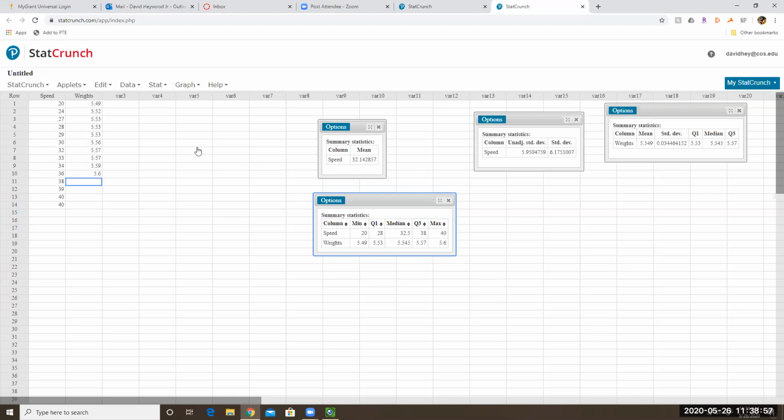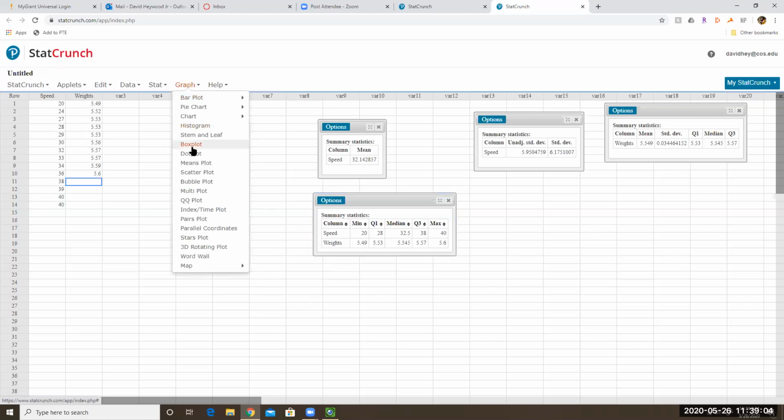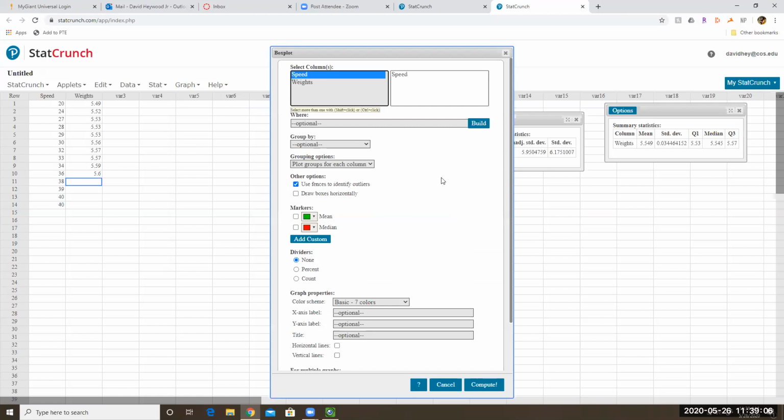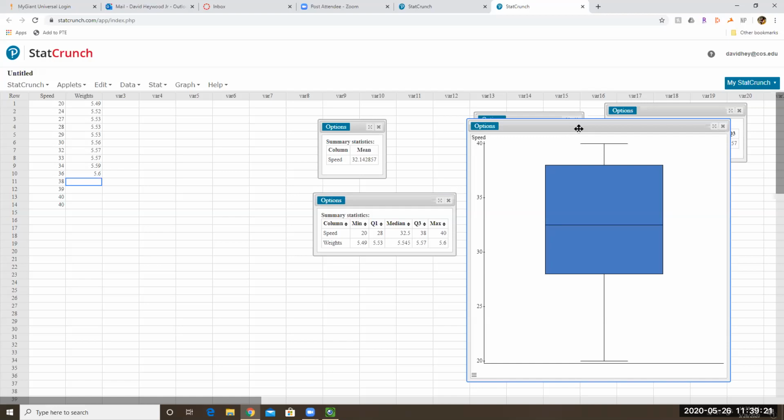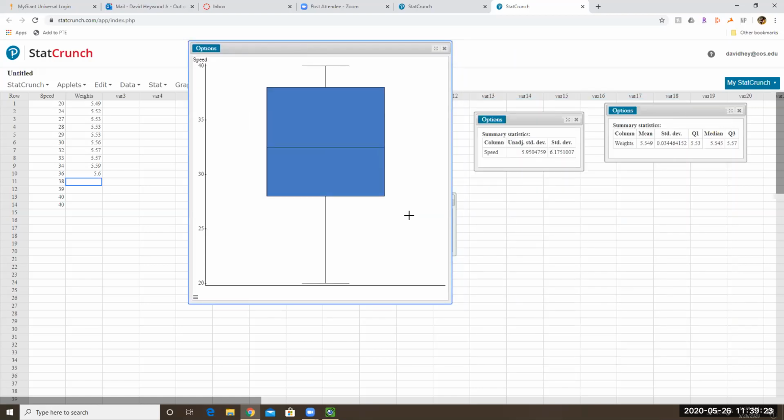As far as box plots are concerned, let's say that I want a box plot for the speed data. Then I would go to Graph, Box Plot, speed. You want to make sure this box is checked that says use fences to identify outliers. And this other box that says draw boxes horizontally, you can do that or not. It's up to you. If you don't, it's going to draw the boxes vertically, which is different from the way that I showed you how to draw them.